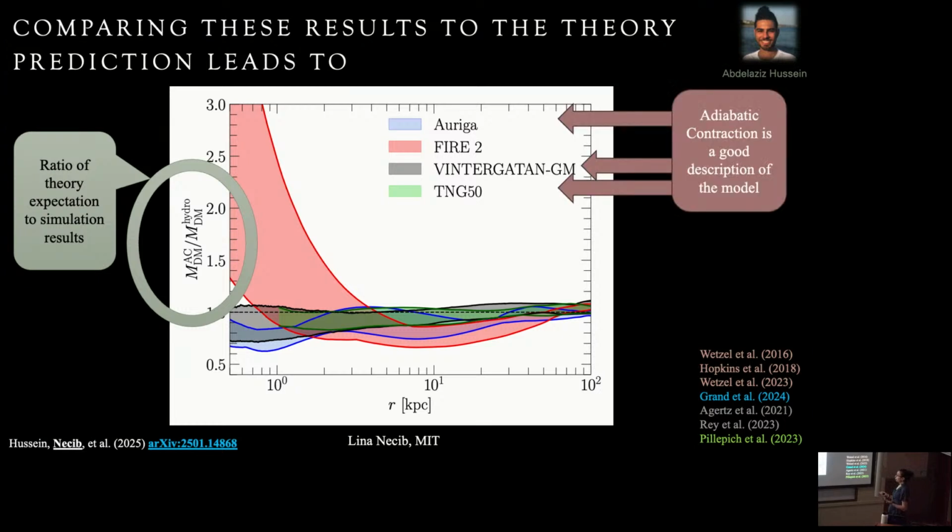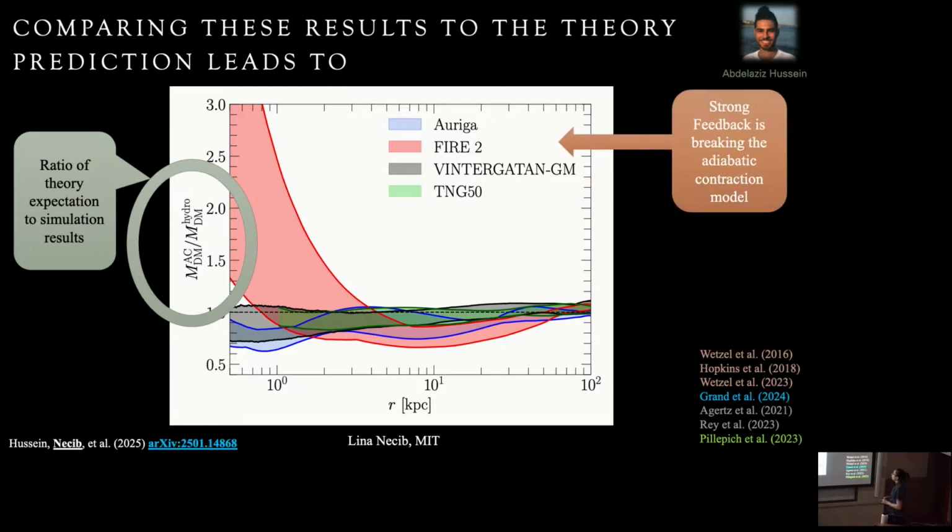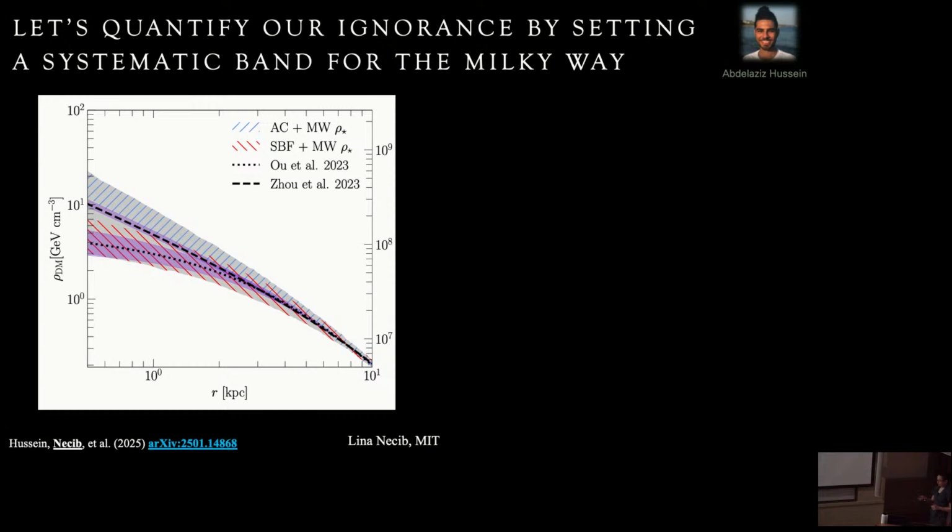This is true for Auriga, Vintergatan, and TNG 50. However, if you end up with a simulation that has very, very strong feedback, like Fire 2, you're going to kick out a lot more material. That cores you a lot more, and you end up with this range where things do shoot up.